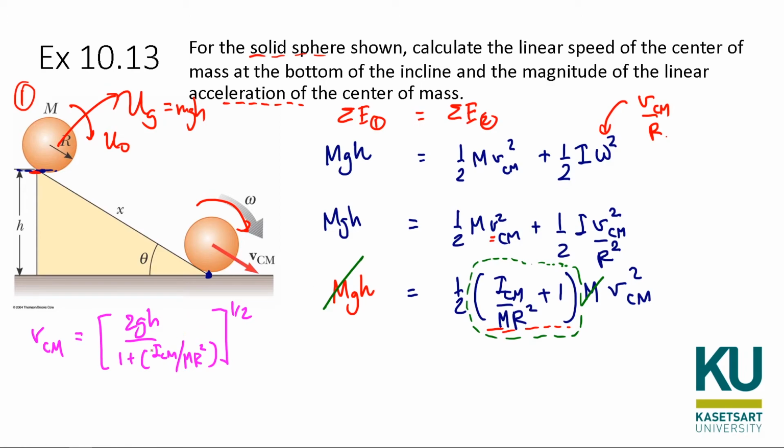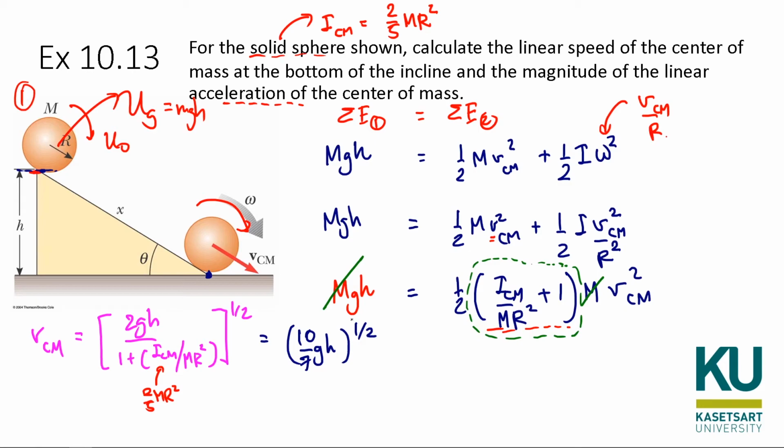Surely you can rearrange this term, since we know that the solid sphere has a moment of inertia about the center of mass equal to 2/5 m r squared. So we can substitute 2/5 m r squared here, so that we finally have v_cm equal to 10/7 gh, under the square root.